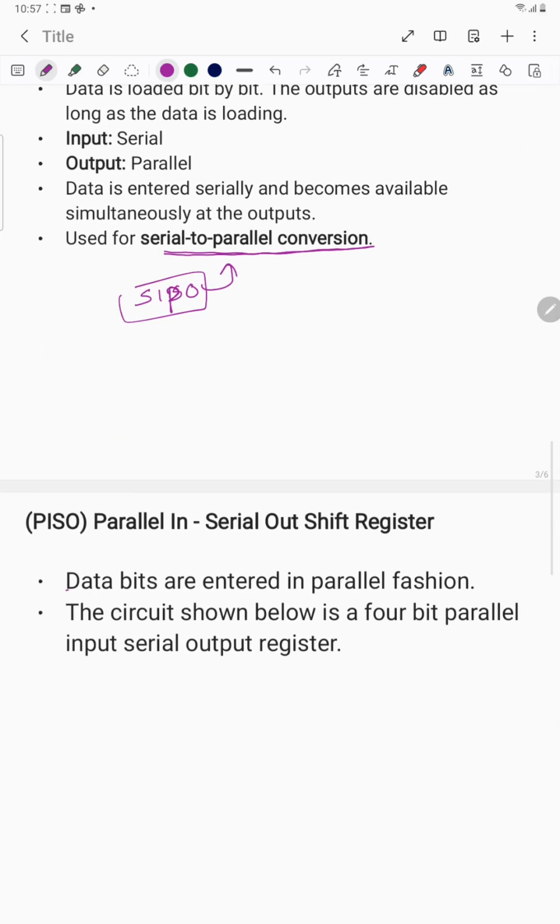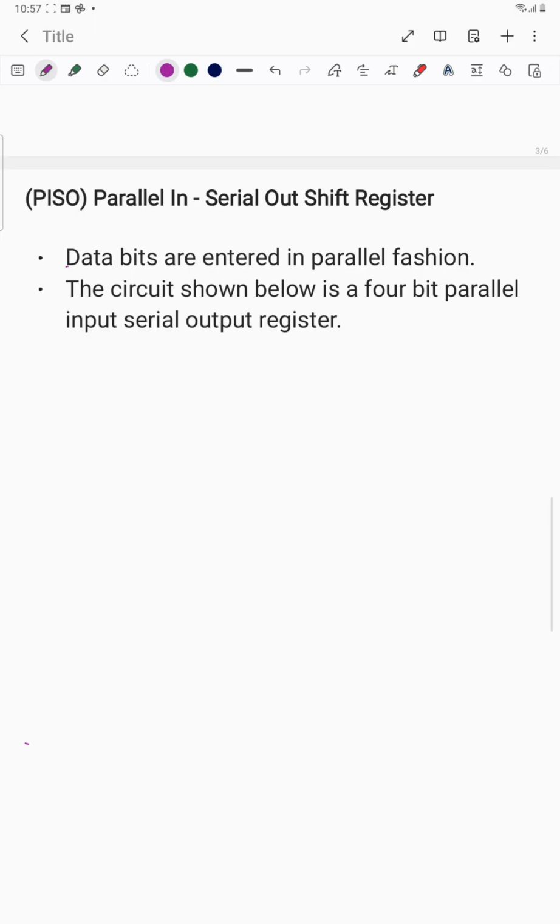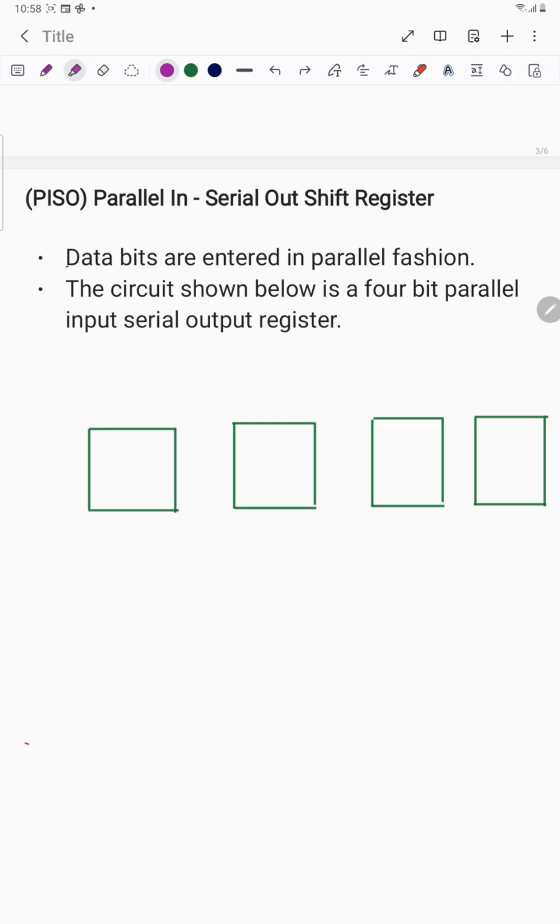Okay, the next one is parallel in and serial out. Suppose these are the flip flops: flip flop 0, flip flop 1, flip flop 2 and flip flop 3. Then we connect the clock signal here.